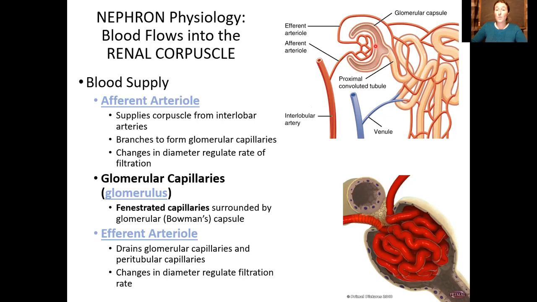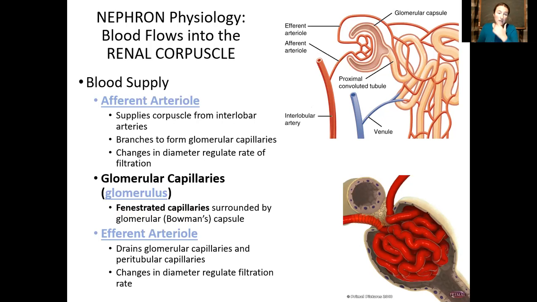Filtration is going to happen within the glomerulus, or the glomerular capillaries, across what are called fenestrated capillaries. Remember that fenestrated capillaries have those windows, those fenestra, within them. This allows much bigger things to cross over the capillary membrane and into Bowman's capsule than would in, say, your muscles.